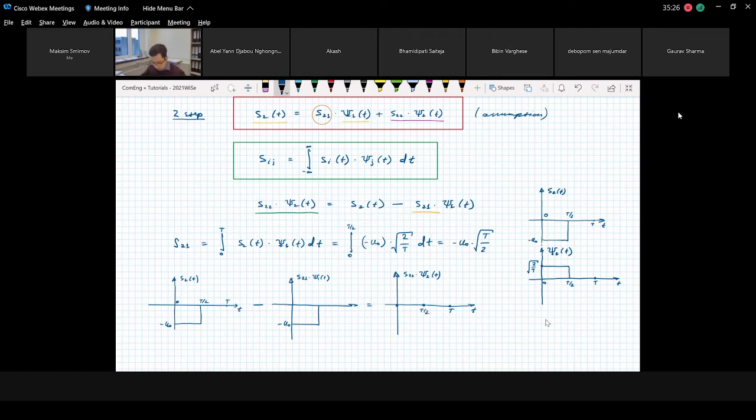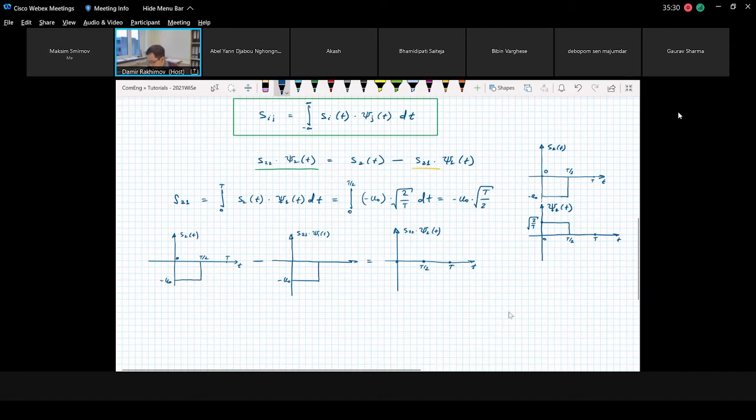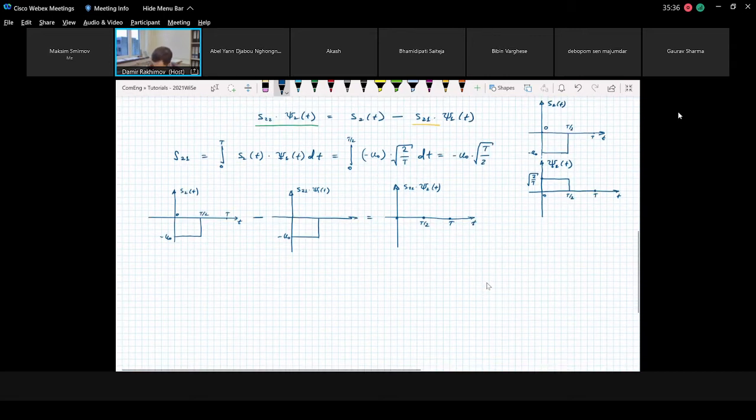There is nothing left. And we can say, based on this, that actually we don't need the second basis function in order to represent the second signal. As a conclusion, our second signal can be represented by the first basis function.